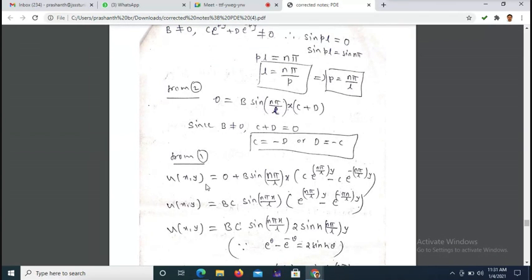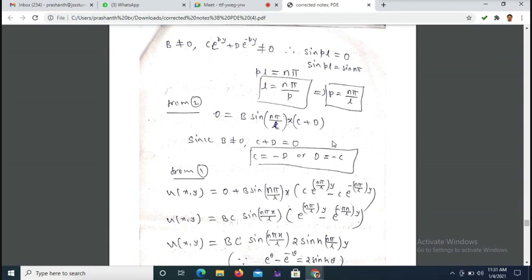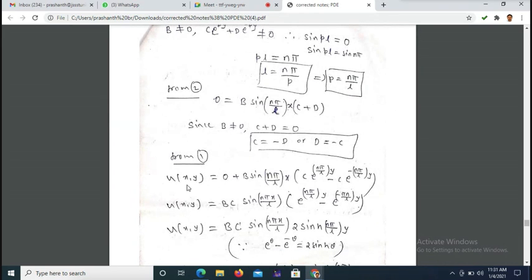Now come to equation 1. We got the values of C, D and A, substituted now in equation 1. So in equation 1, E of x comma y equals, in the place of A, put 0. B is sin, in the place of P, I can substitute n pi by L into x.